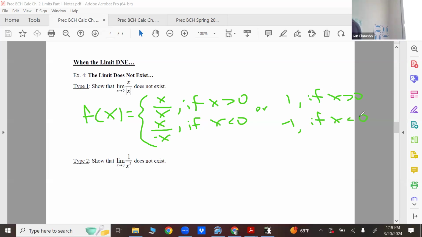Think about the outside of x. If x is positive, then of course it's x, right? But if x is negative, then you've got to change it to negative x, right?